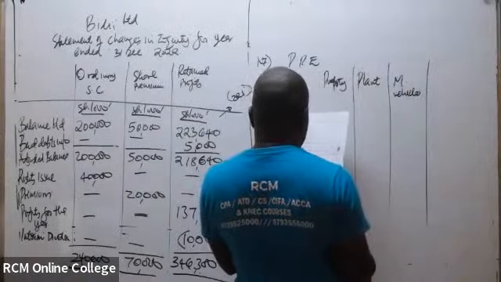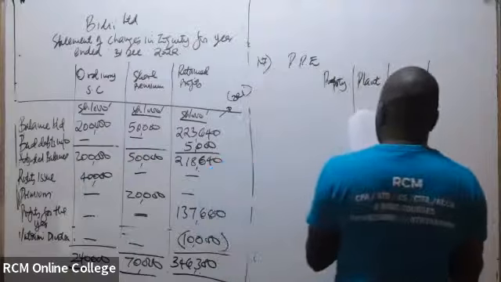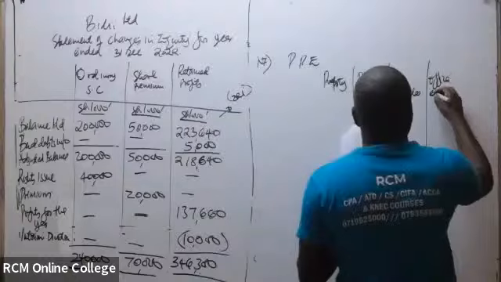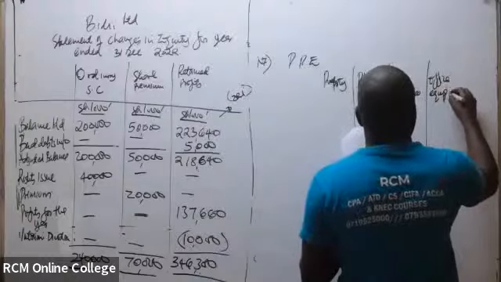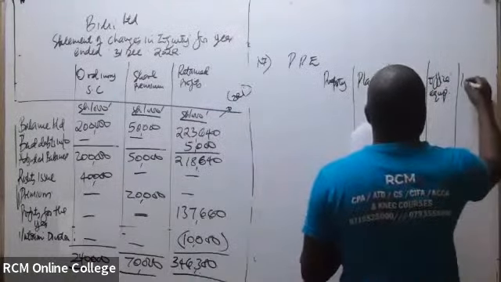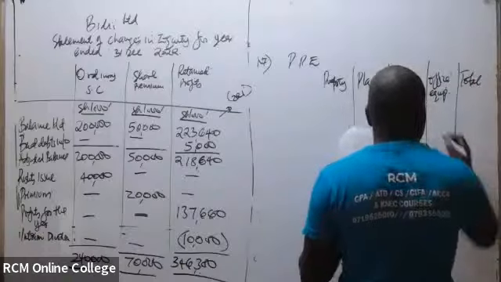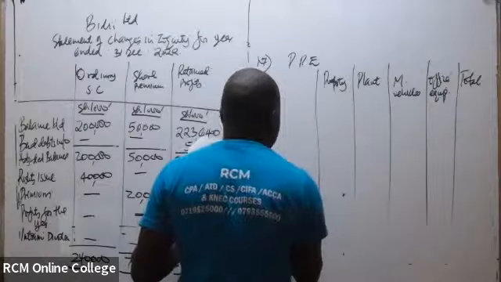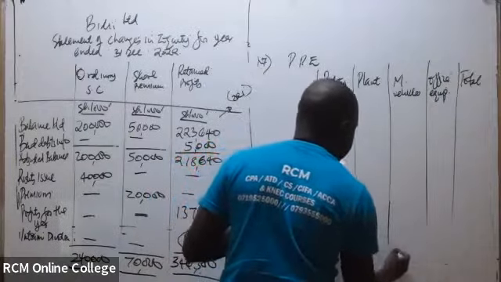Then we have office equipment. Then we must be able to get the total, because we need one figure that we just need to take to the statement of financial position.